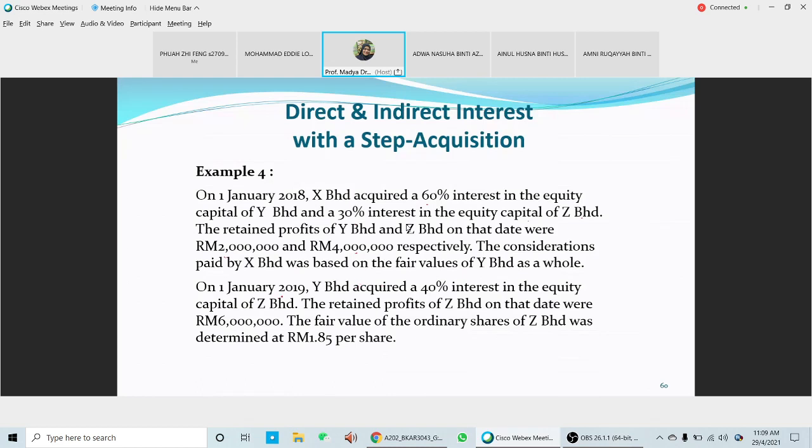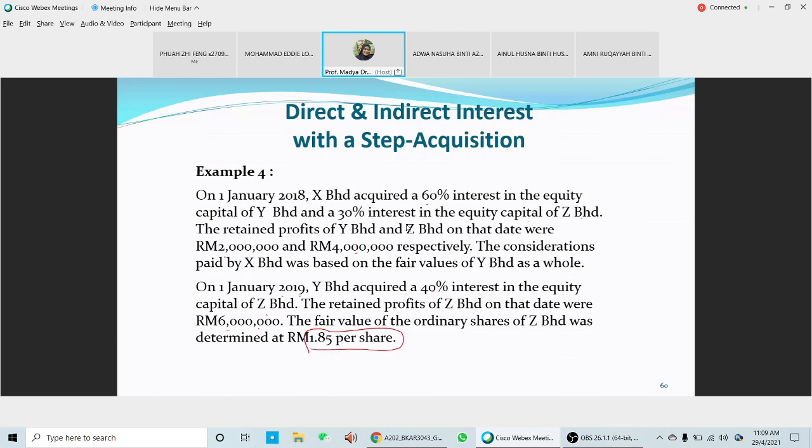On 1st of January 2019, Y acquired 40% interest in Z. Retained profit at that date was 6, and the fair value of Z was 1 ringgit and 85 per share.